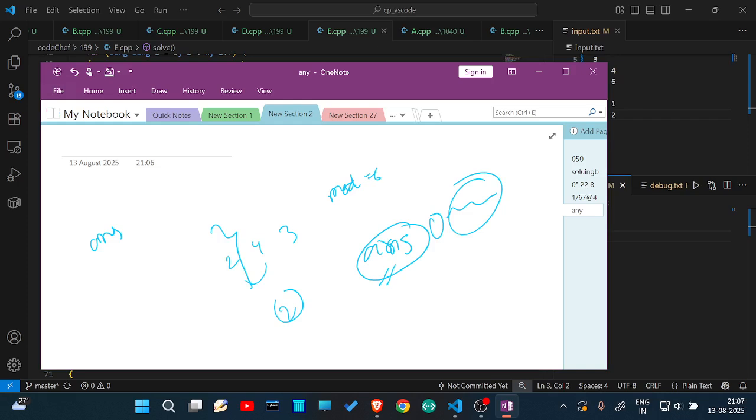What are the divisors of K? Okay, we came to the solution. Divisors of K can be the GCD.